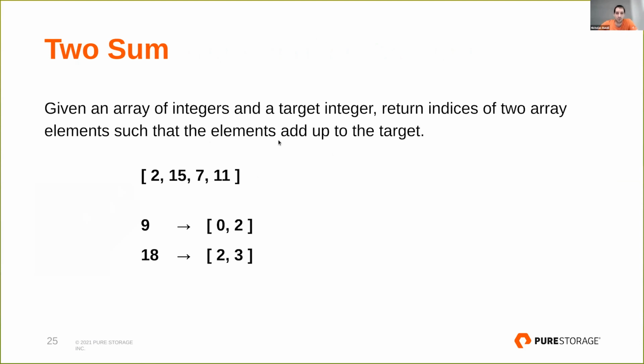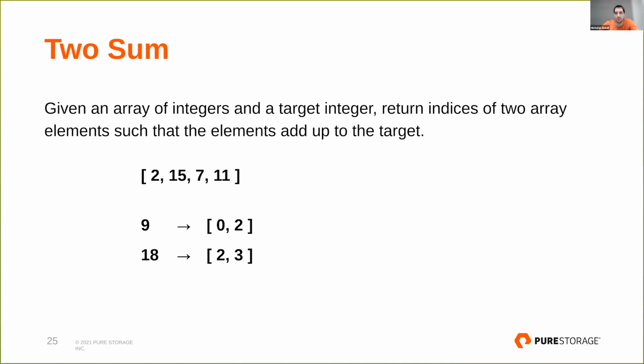And what you're trying to figure out is if 2 elements of this array can be added together to get the target. So in this case, if you got 9 as the target, you would return the 2 and the 7. So index 0 and index 2.